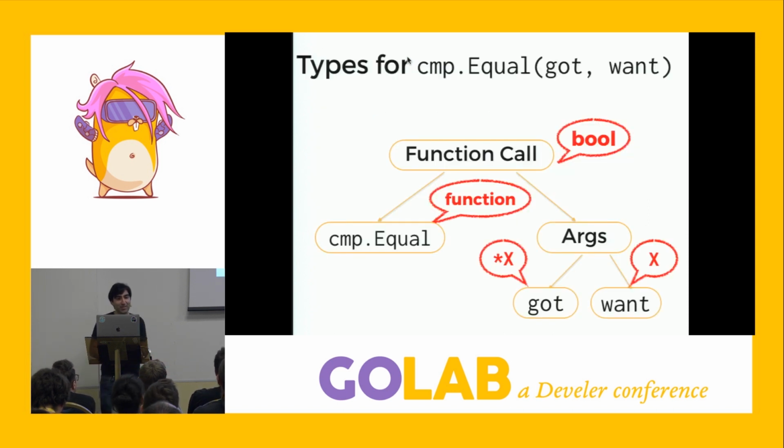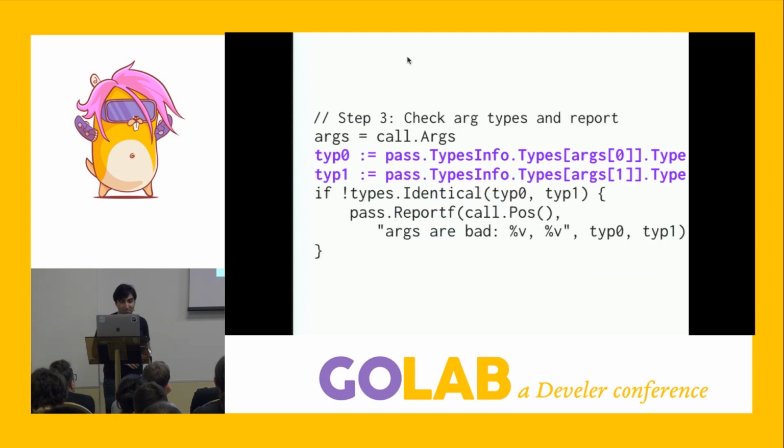Let's go back to this diagram, right? So the syntax were these yellow bubbles, which corresponded to the actual structure of the parsed program, while the types were the information that the compiler, or that the type checker, determined each expression to evaluate to. And this types info allows us to jump from the syntax to the types. So that's what we're doing here.